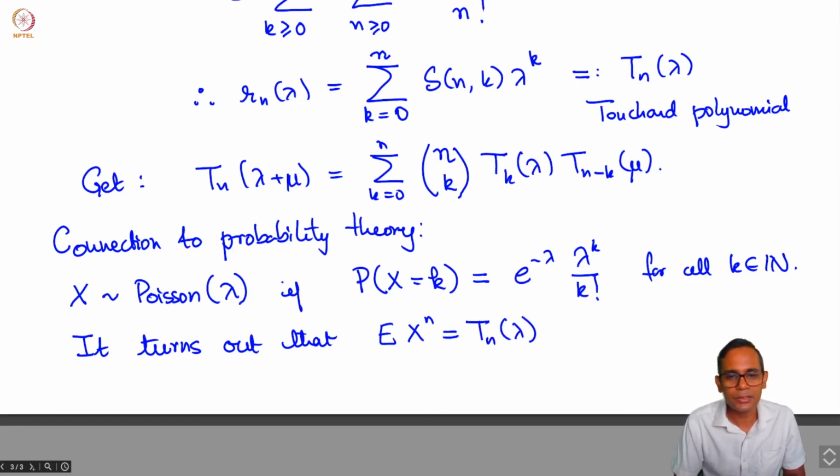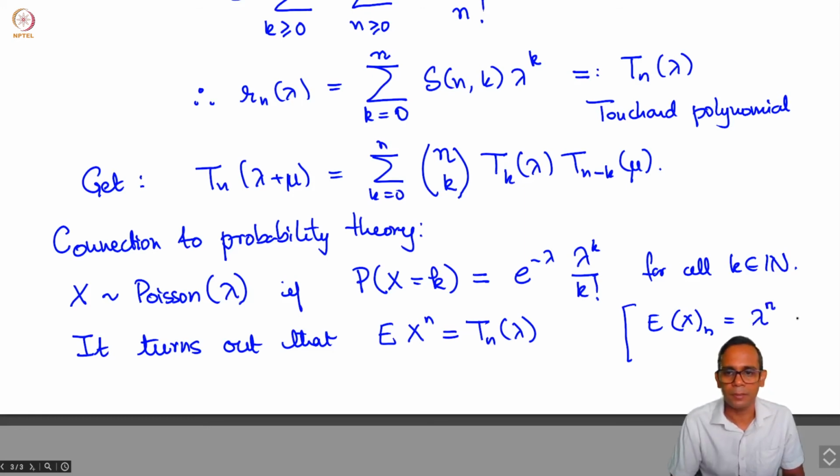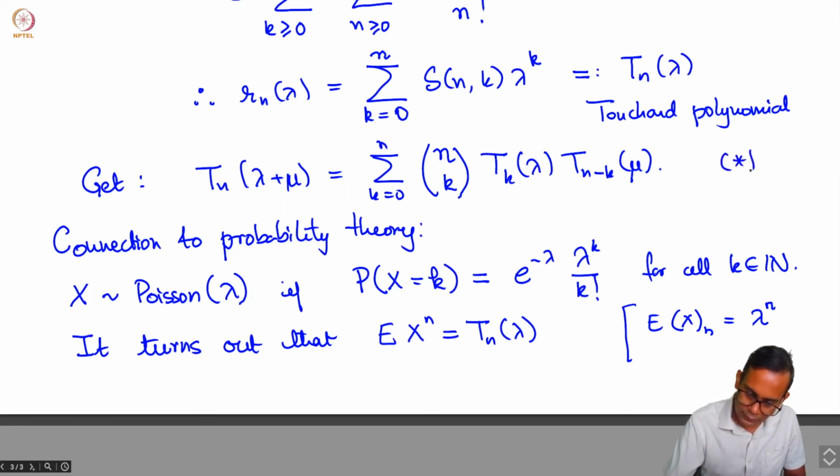The way you show this is that you show that the expectation of the falling factorial is just lambda to the power n, and using this and some of the things we've learned about Stirling numbers, you'll be able to deduce this identity here. And the identity that T_n(lambda) is of binomial type tells us, so let's call this star.